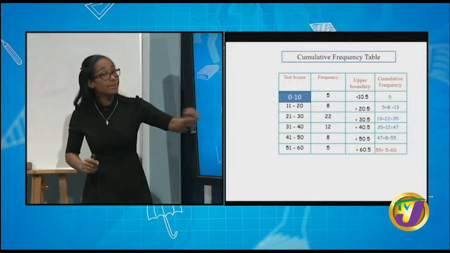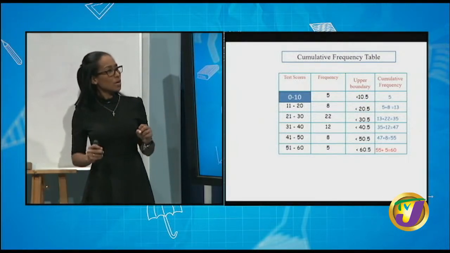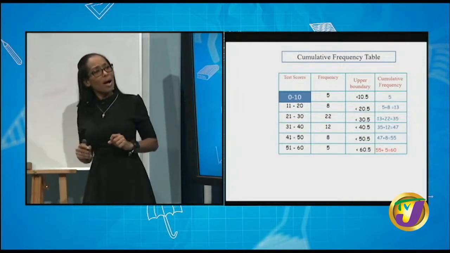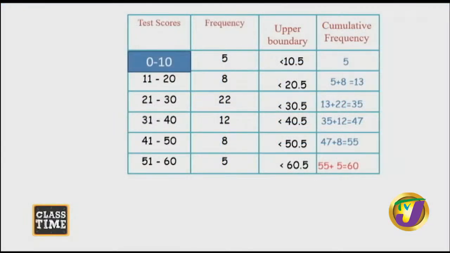But not only that, remember the scenario says that it's 60 students. So I am now linking it to my total number of students being 60. Nice. So in order for me to test if I'm correct with my cumulative frequency table, I must have the total number that I started out with, which was 60. Definitely. You're learning. You're a good teacher. I'm learning.